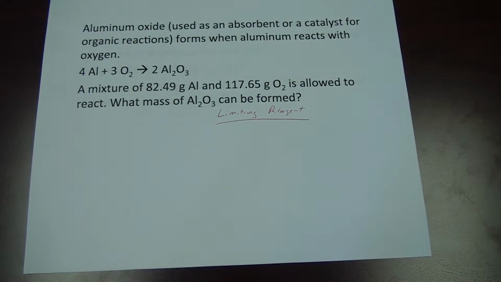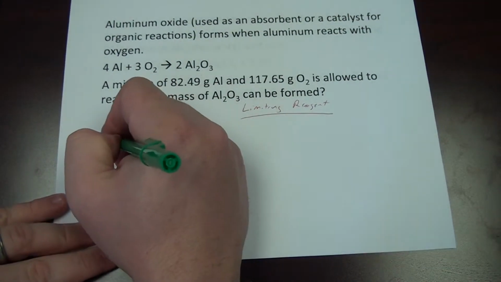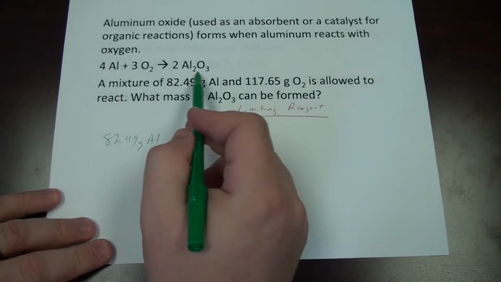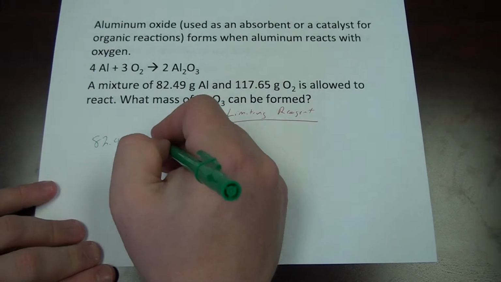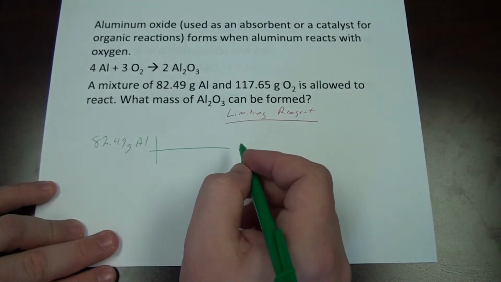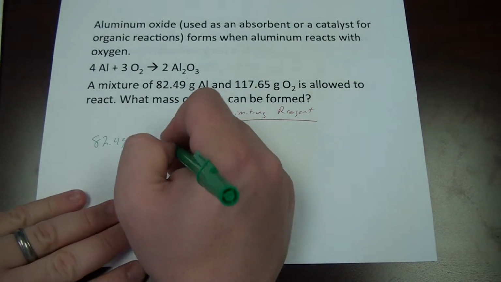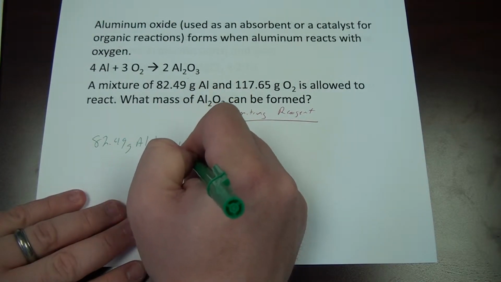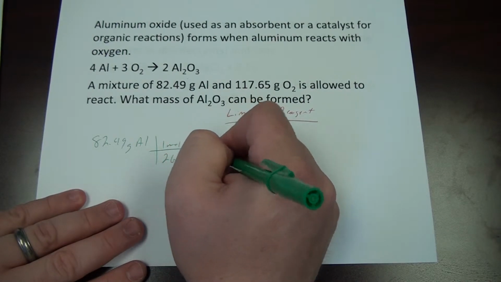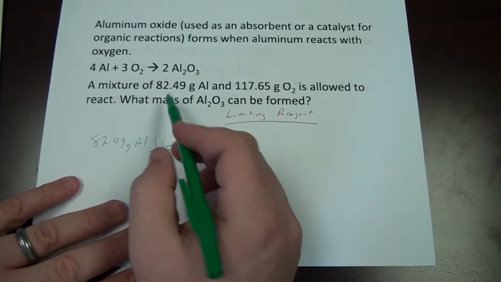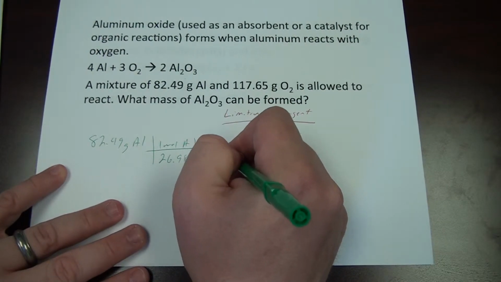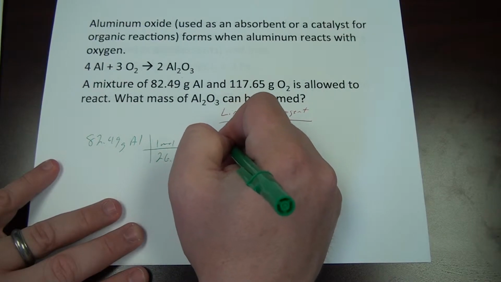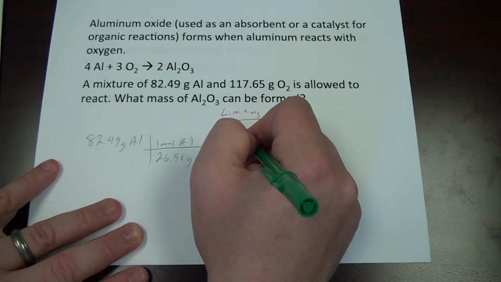So again, if we have 82.49 grams of aluminum, we want to figure out how much aluminum oxide we can form. So we take 1 mole of aluminum, which has a mass of 26.98 grams of aluminum. And from the balanced reaction, for every 4 moles of aluminum that react, we get 2 moles of aluminum oxide.